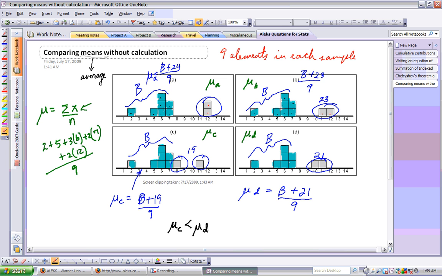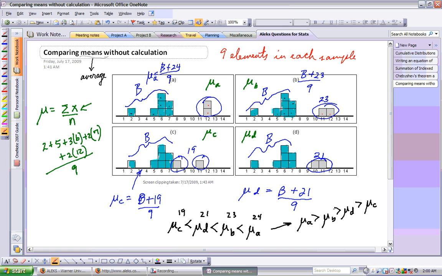D, then B, and then A. The reason is they all have a B, but this one had the 19, this one had 21, this one had 23, this one had 24. Or conversely, we could say mu of A is greater than mu of B, which is itself greater than mu of D, which is greater than mu of C.